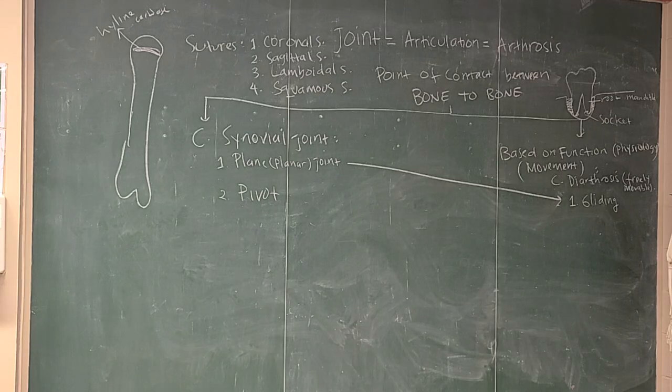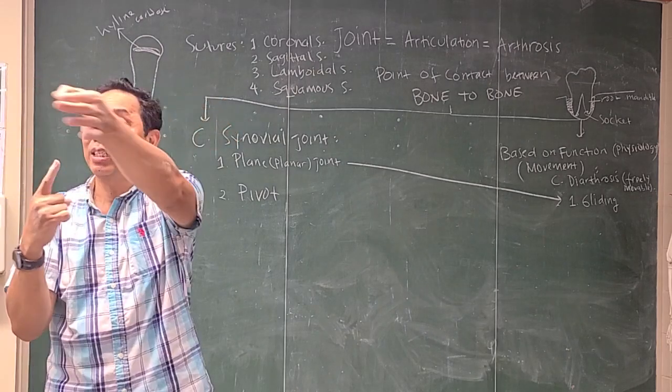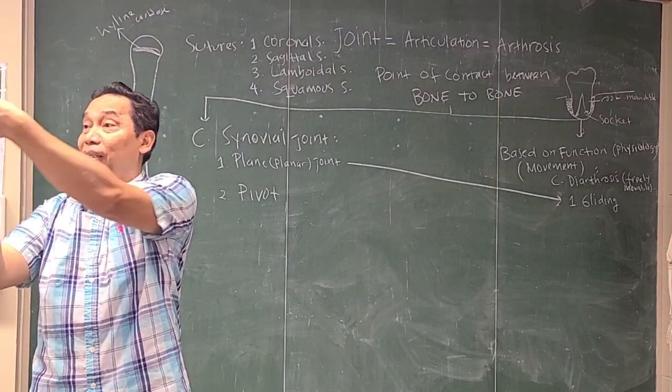Between the second vertebra, what is the name of the second vertebra? Axis. What is the first vertebra? Atlas. You see that in the axis there is a dens, a structure that looks like this, and the atlas is a ring like this. So you have this.